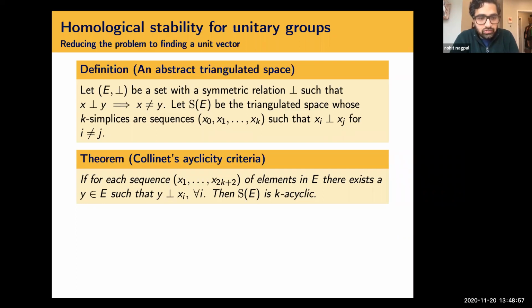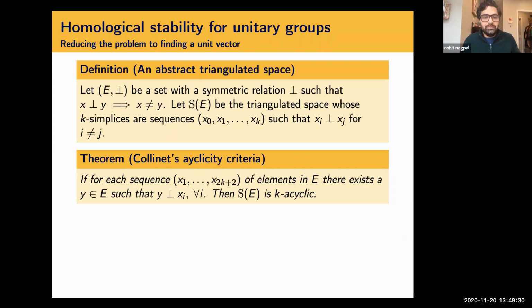All you need to do is, given any 2k plus 2 elements in the set, if you can find another vector which is orthogonal or perpendicular to all of these, then the space is k-acyclic, right? That's a really nice acyclicity criterion, and it basically boils down to some sort of nerve theorem. It's not a very hard theorem to prove, right?